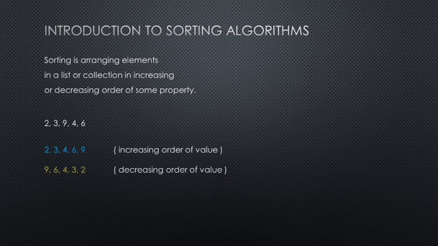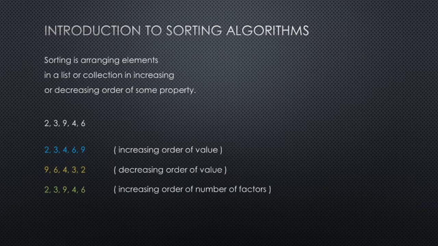And we can also sort on any property. What if we want to sort this list on the basis of, let's say, increasing number of factors? So the number with the least number of factors is towards the beginning of the list.